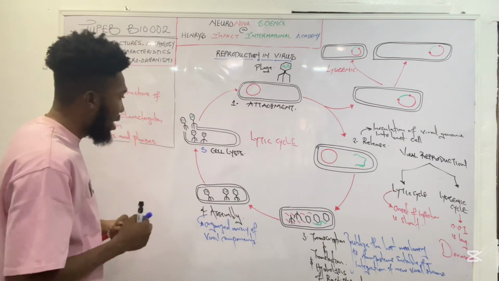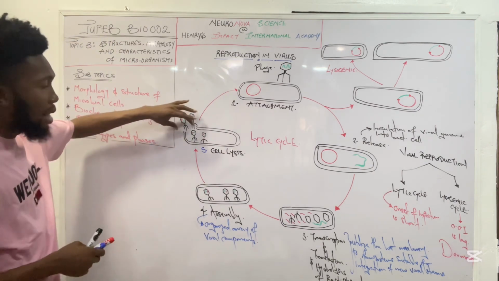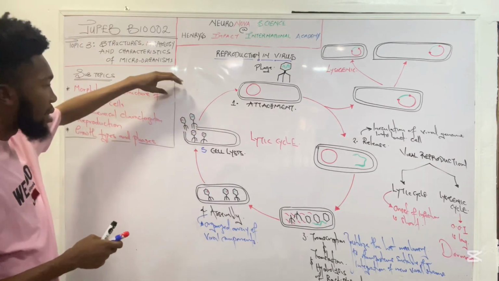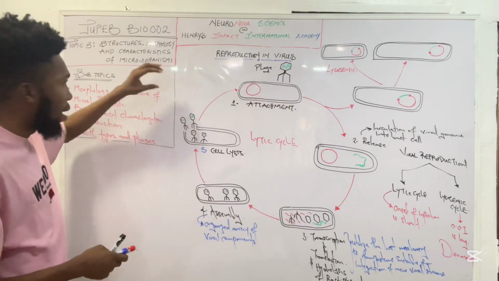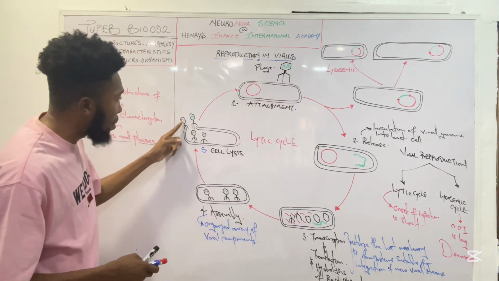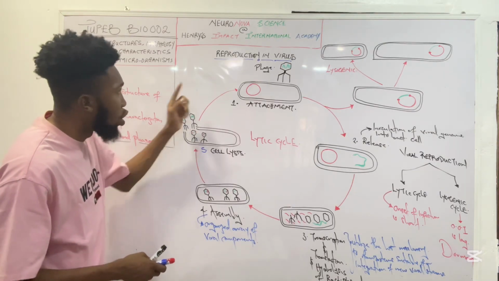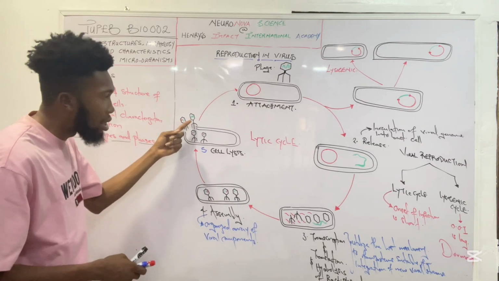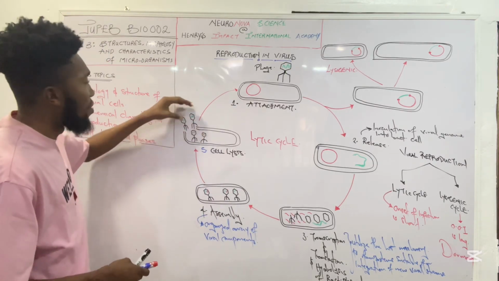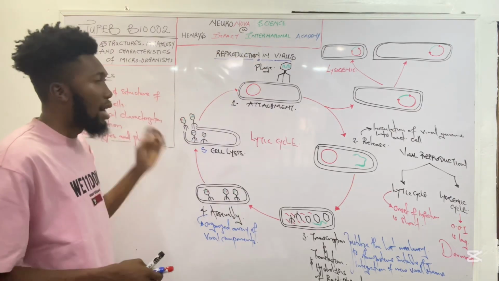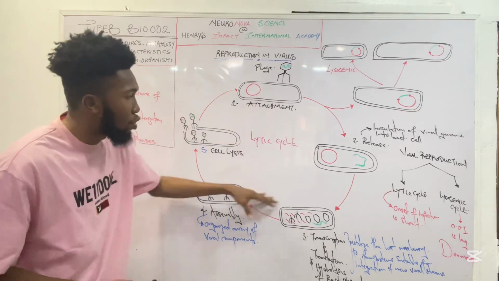So cell lysis there is that point where the bacterial cell bursts open at a particular point, and that leads to the release of the new viral strain. So these new viral strains, look at some of them are having a copy of the initial bacterial plasmid and a copy of the inoculated viral genome, while some just have the initial viral genome. So the whole process can go and restart, where each of these guys can go and now attack a new bacterial cell. So this here describes the Lytic cycle.